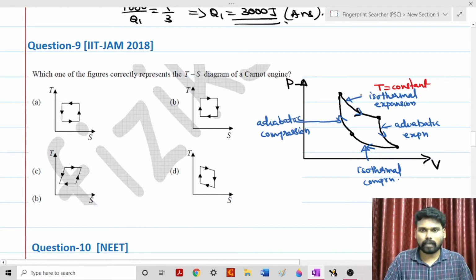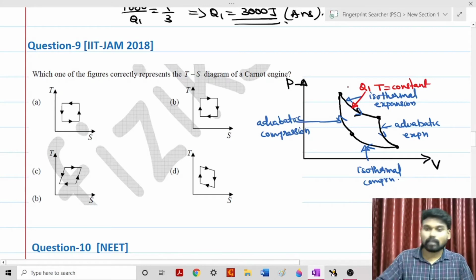For an isothermal expansion, the system should absorb some heat. So when the system absorbs some heat, the entropy will increase.